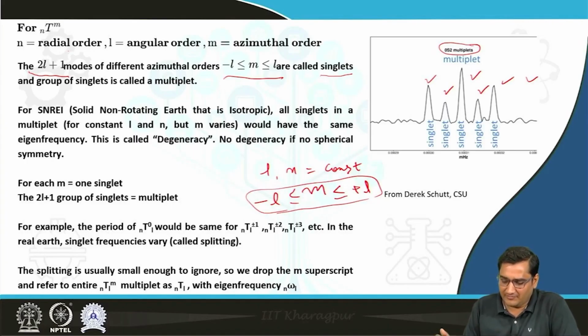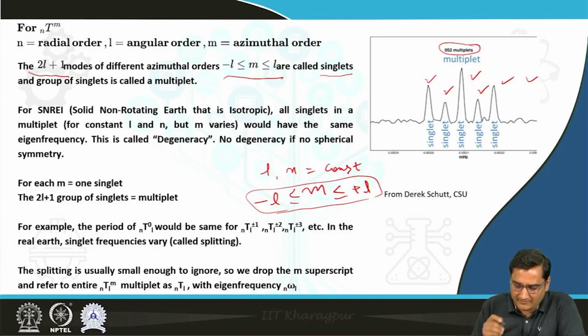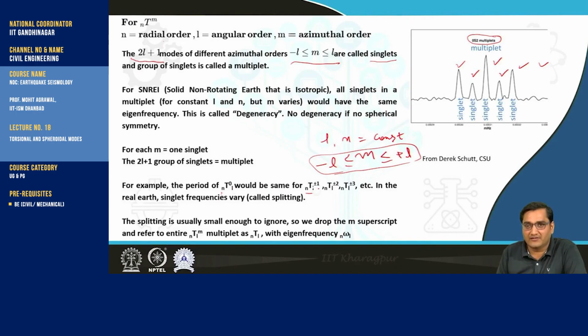Because of this we can see all the frequencies are varying, and this particular phenomenon is known as splitting. So for example, the period of nT0l would be the same for nTl with m plus 1 and minus 1, for m plus 2 and minus 2, and for plus 3 and minus 3, all having the same period.